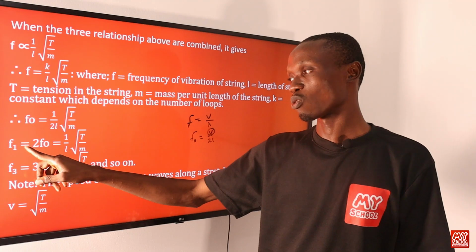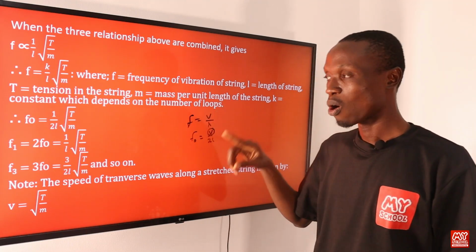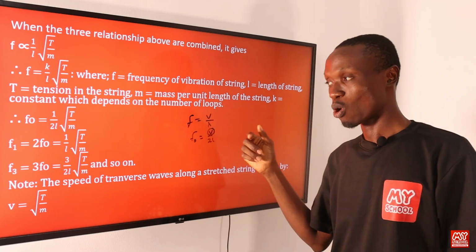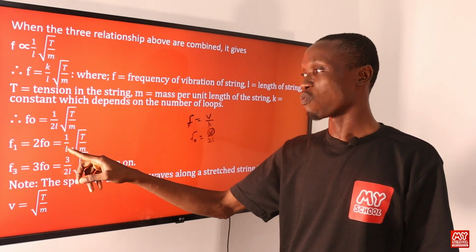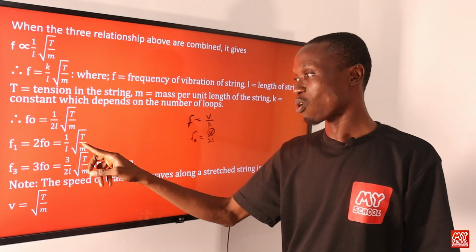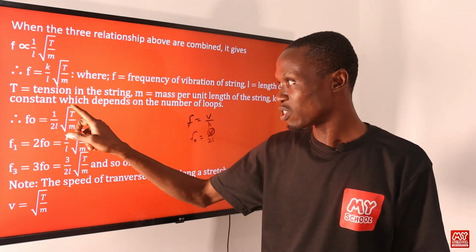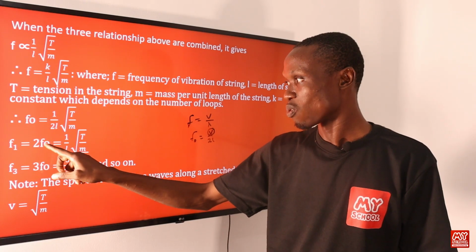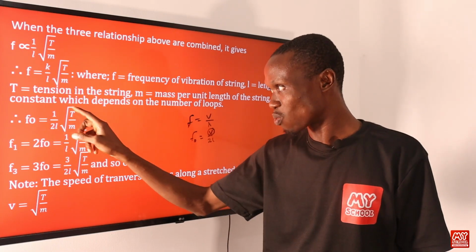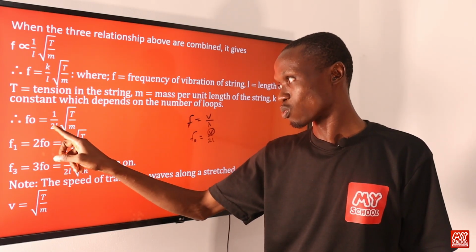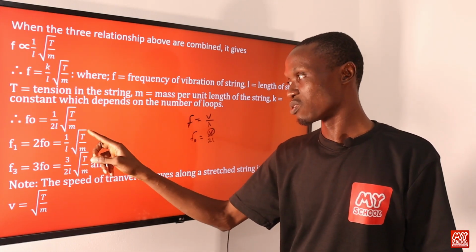So F1, which is equal to 2 times the fundamental frequency, that is when we have 2 loops, or when the first overtone or second harmonic is obtained, will be equal to 1 over L, times the square root of T over M. What happened here is that we replaced F naught with everything we have for it, so that the 2s cancel out and we obtain this formula.